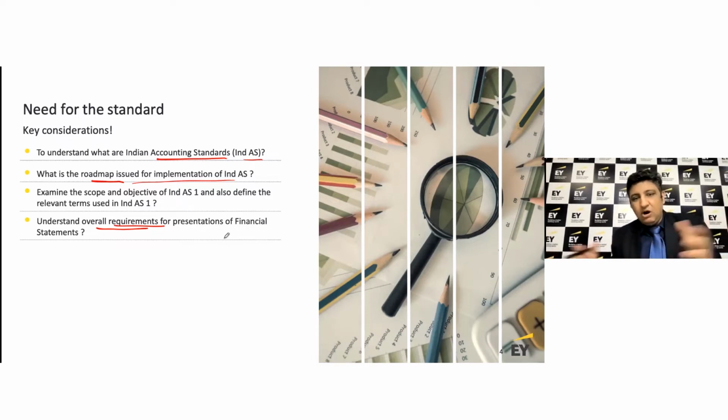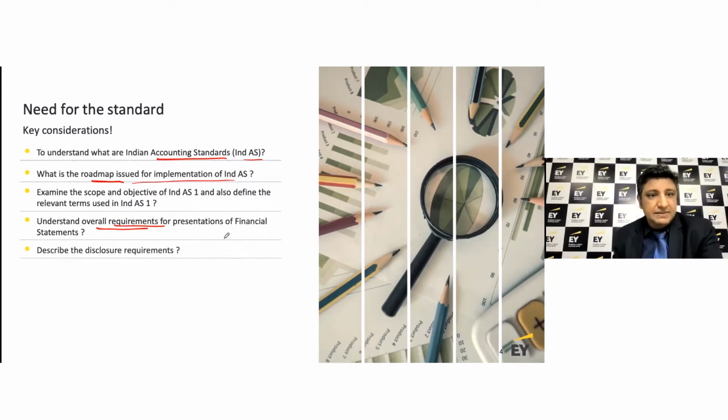Can I offset, or can I net off the numbers, in case I see them from a similar attribute, or they're from the same category? Can I do that? So they're all very essential aspects that we want to cover in much detail, right? From a balance sheet or a statement of profit or loss perspective.